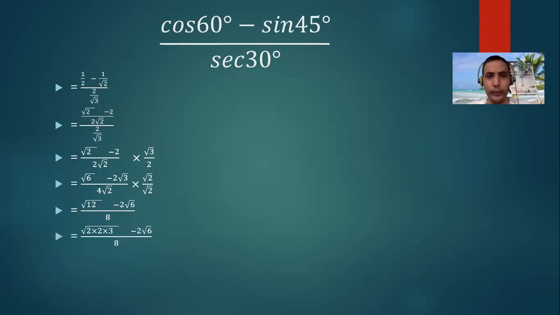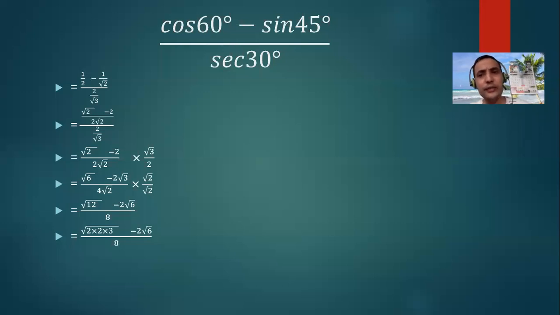Then 12, students, factorize. In place of 12, 2 into 2 into 3 can be written. The factorization of 12 is 2 into 2 into 3, because 2 and 2, 4 into 3, 12 will come. So in place of 12 can be written 2 into 2 into 3 minus 2 root 6 by 8. And then students, remember the meaning of the root sign. We have not factorized 6 because 2 into 3 will come only one time each. If it is like that, then it is not necessary to factorize.